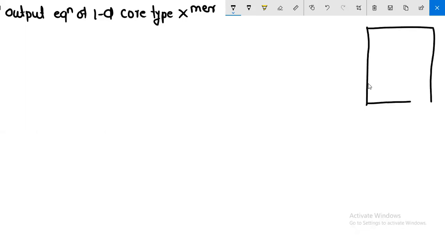I will not draw it that big, because we require a lot of space for deriving the equation, so I will just draw a somewhat small figure here. Okay, now see, what we have shown here is very important.